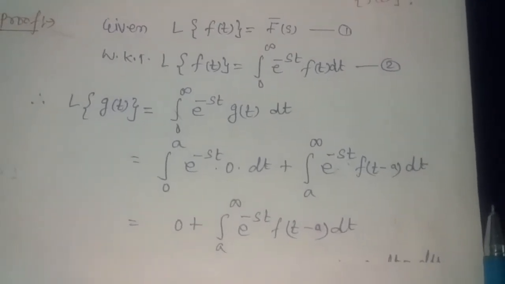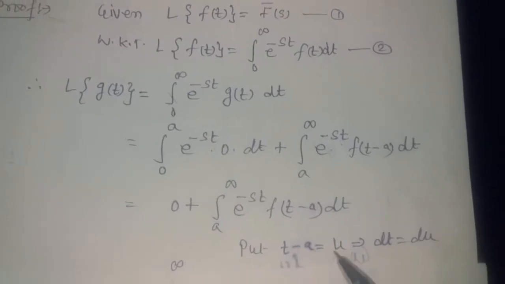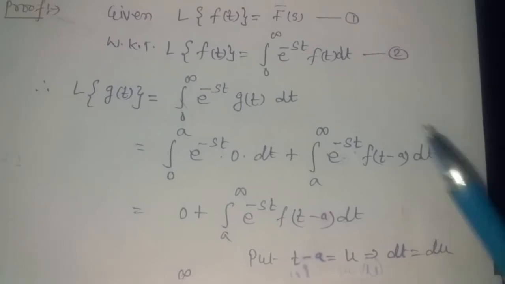Now we use a substitution, t minus a is equal to u. Then we get dt equal to du.